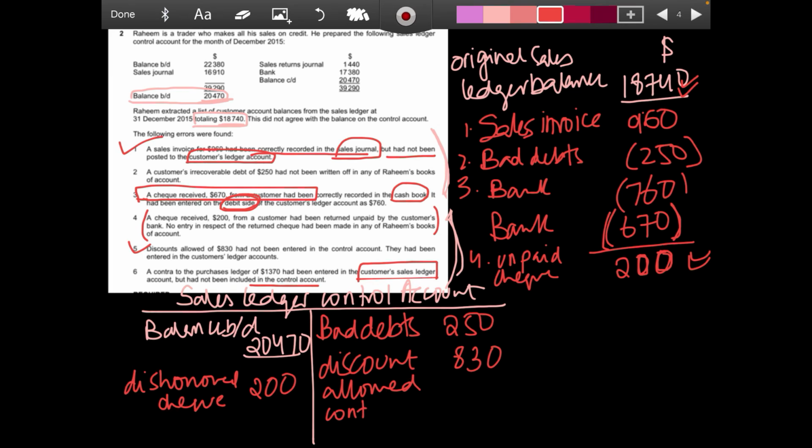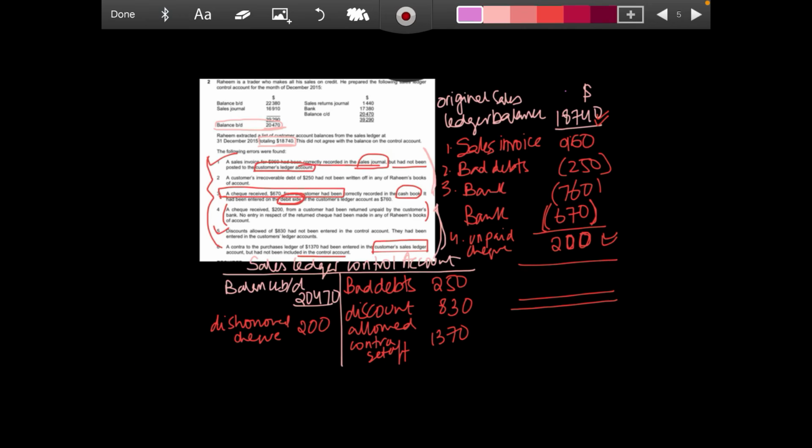The contra set-off comes on the credit side, 1370. So we have corrected all these errors. If we calculate the balance c/d now, the total is 20670.